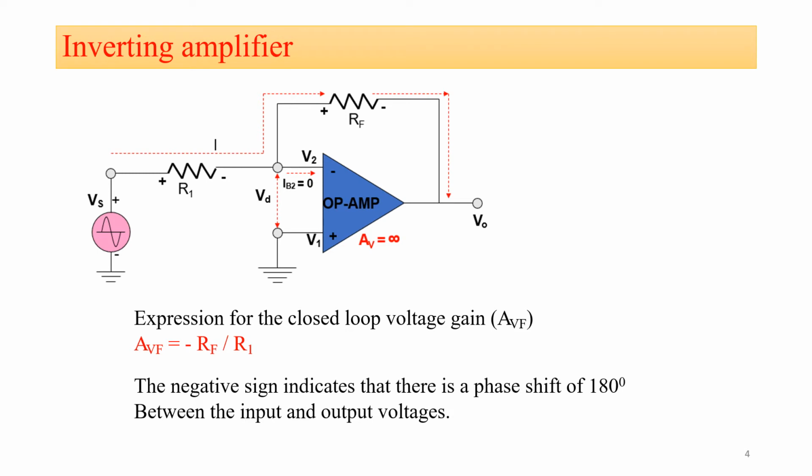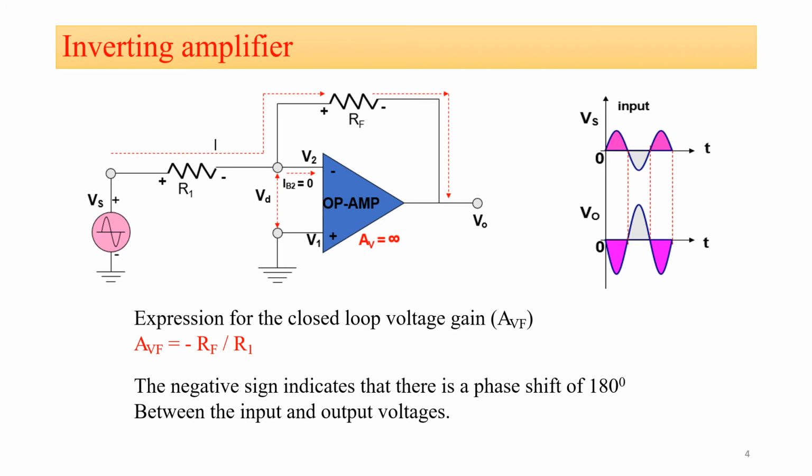And this gain totally depends on two values, that is the value of our feedback resistor, Rf, and the value of our input resistor, R1. And here the negative sign indicates that there is a phase shift of 180° between input and output voltage. Means at the output we will get the inverted version of the input signal.